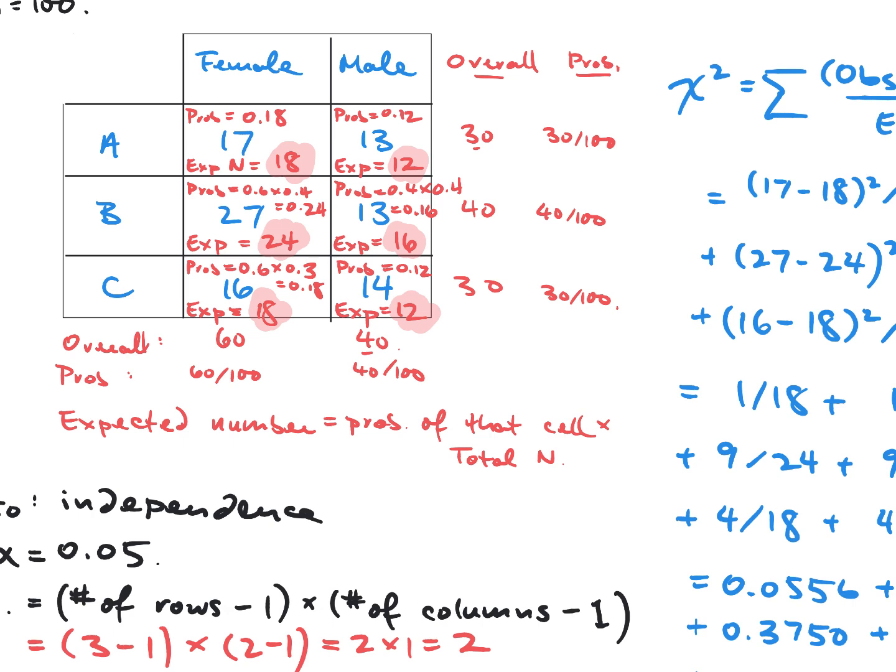That large number of women who appear to support candidate B, is that just something random that happened, or is that a real difference? There's not enough of a deviation, if we compare the men and the women, to reject that the voter preference is independent of gender.